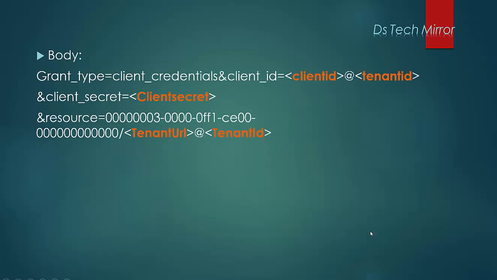So you will enter your tenant ID, and this will be the body for the HTTP get access token. This is grant type equal to client_credential and client ID. So you will enter your client ID and tenant ID. Then client secret, this will be your client secret, and resource, this will remain the same. You will enter your tenant URL and tenant ID. So if you follow all the above steps, you will be able to achieve this.